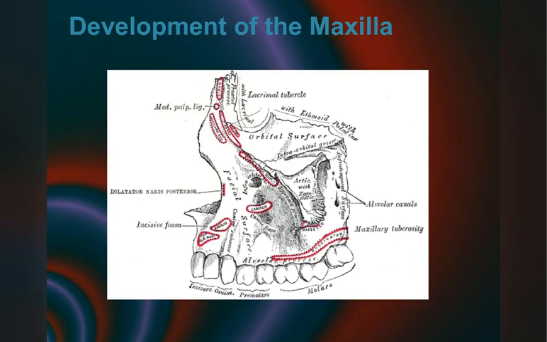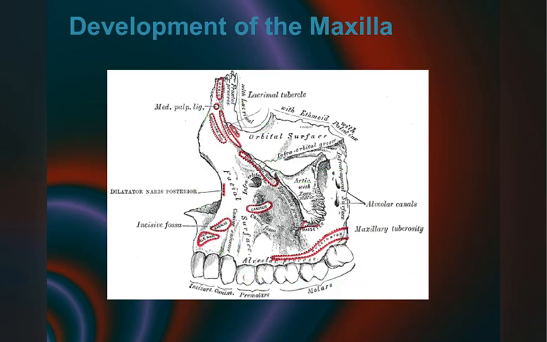Now we talk about the development of the maxilla. As we mentioned before in last lecture, the maxilla has two parts: premaxilla and maxilla proper.